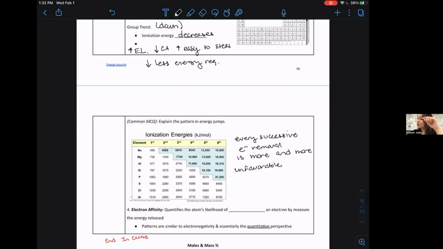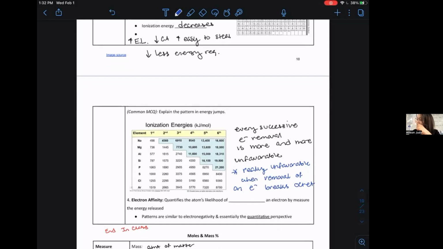And what you're going to see soon is that it's particularly unfavorable when you remove an electron that is making up an octet, that is the eighth electron in the s and p orbitals. It's particularly unfavorable when removal of an electron breaks an octet or no longer fills the s and p orbitals.